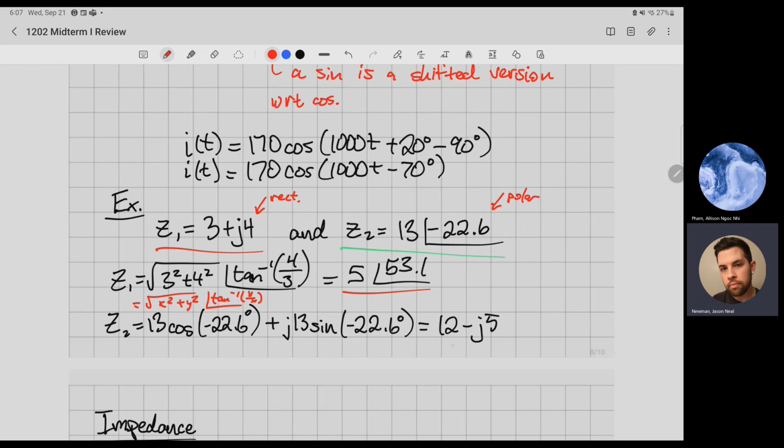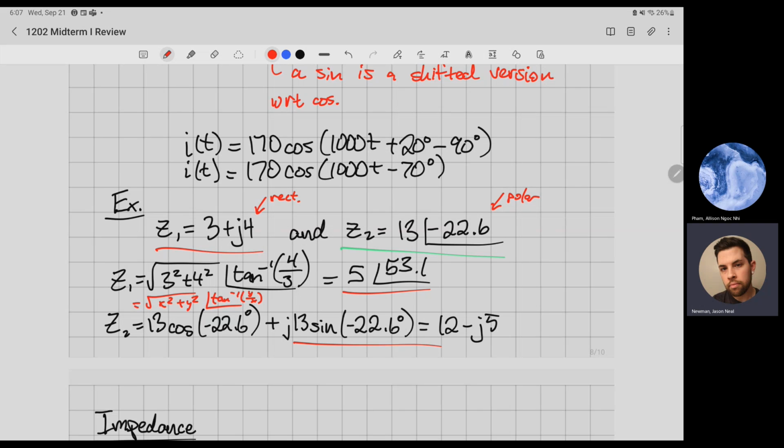The reason you get this answer is by literally typing into your calculator 13 cosine, and then in parentheses negative 22.6, hit enter, and it's 12. That's how you get this value. You just type in your calculator 13 sine negative 22.6, and you're going to see that it's very, very close to negative 5 or 12.0001, whatever.